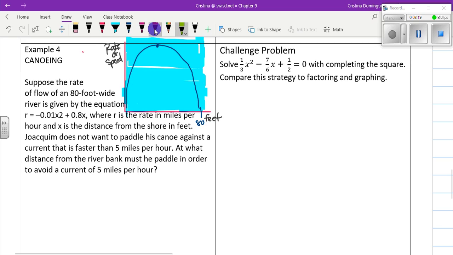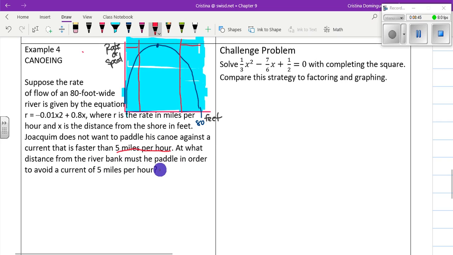Let's see if I can do this, okay? So here is this line, right? This is the slow areas. And we want to figure out how far away it is from here to there and from there to there. We're going to calculate that using the completing the square method. So first of all, faster than 5 miles per hour.